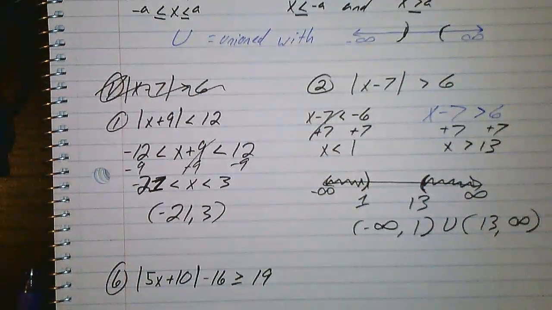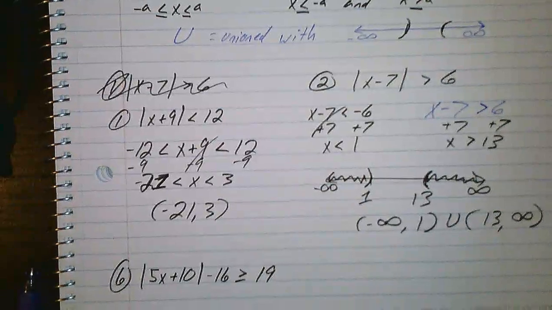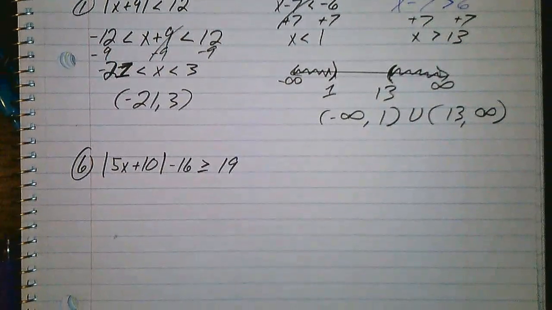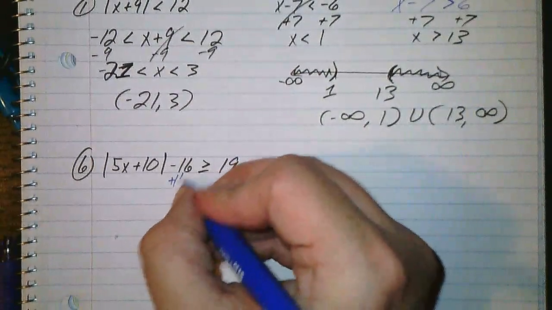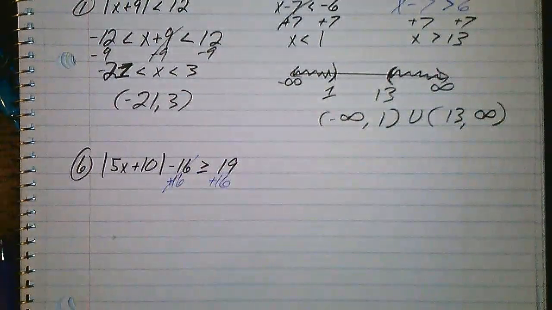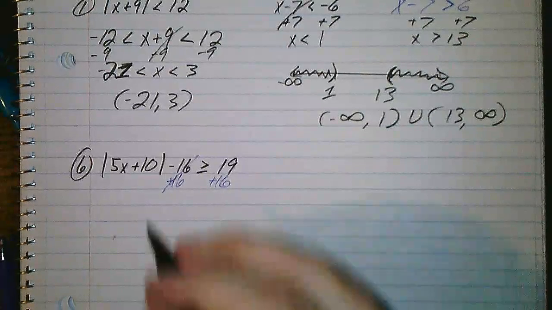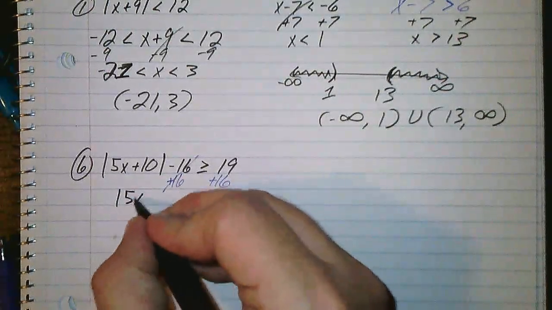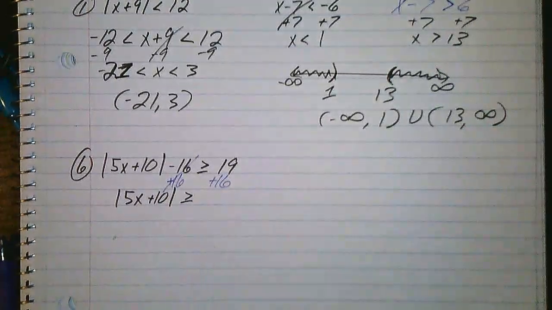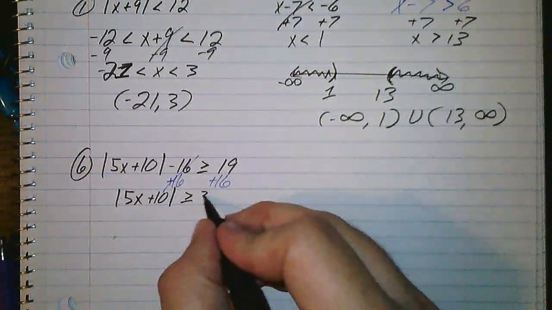So the greater than problems are trickier, so we'll look at one more example. If you want to pause and take a look at number 6 here. The absolute value has to be isolated, so we add 16 to both sides, so that the absolute value of 5x plus 10 is greater than or equal to 35.